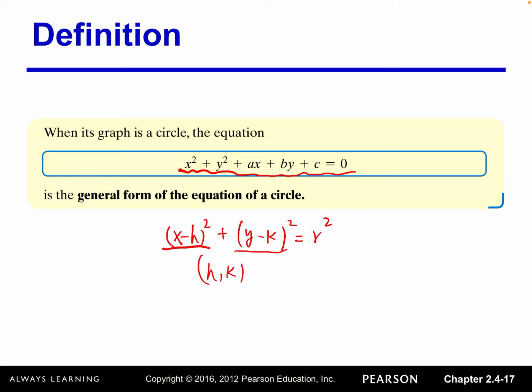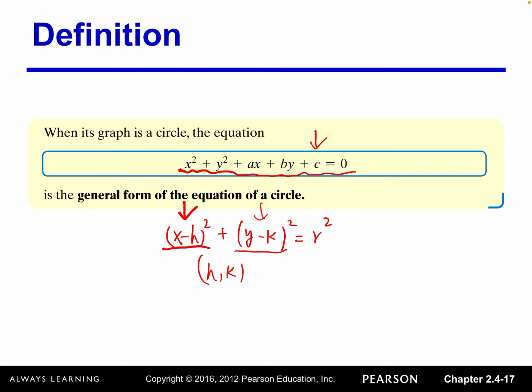But the general form opens up this perfect square and combines all the constant terms into one, with all the terms on the left hand side of the equation and the right hand side equal to 0. So this kind of form is called the general form of the equation of a circle.